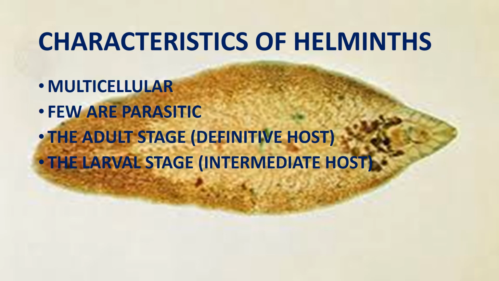A few are parasites of humans. The anatomy and the life cycle of parasitic helminths are modified for parasitism. The adult stage of the parasitic helminths is found in the definitive host. Each larval stage of a parasitic helminth requires an intermediate host. Helminths can be monoecious or dioecious.